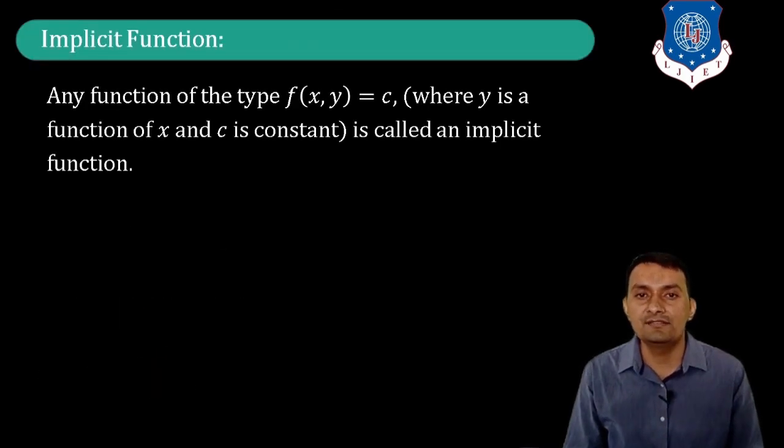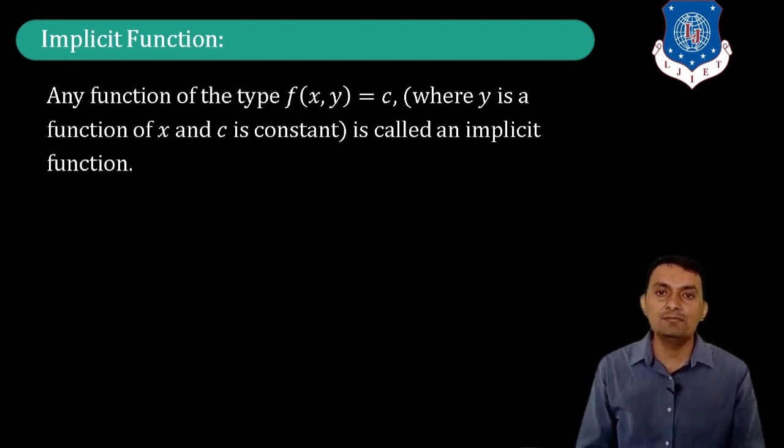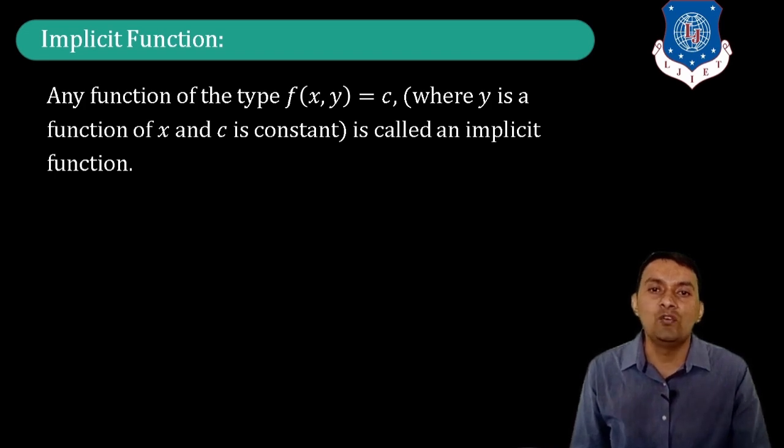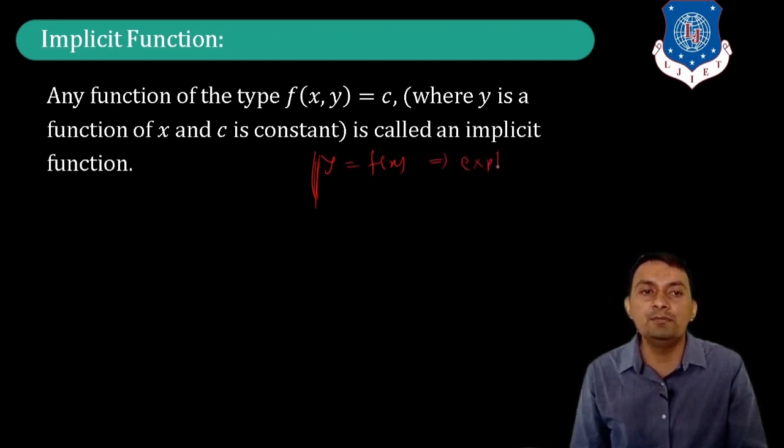Now we have the implicit function. First, what is the difference between implicit and explicit? Suppose you are given that y is equal to f of x. I am talking about y which depends on only x. So it is known as explicit.